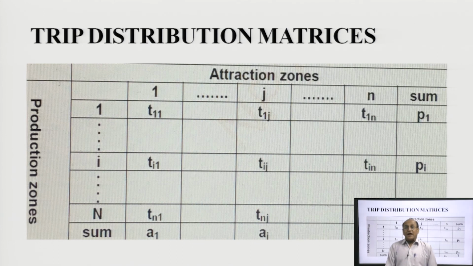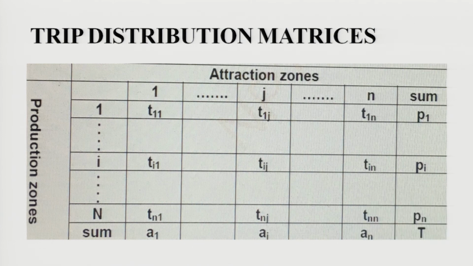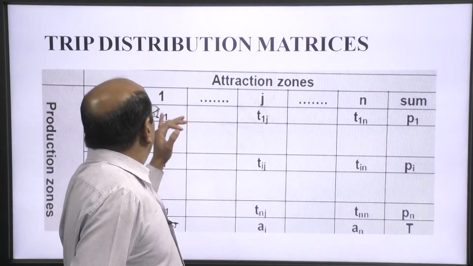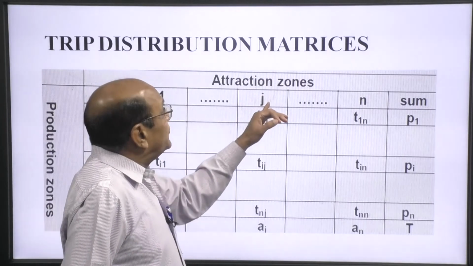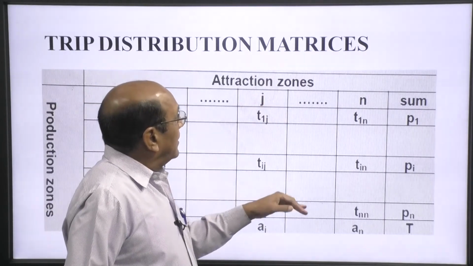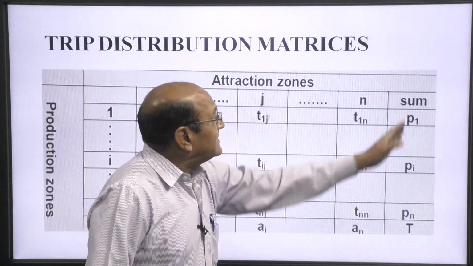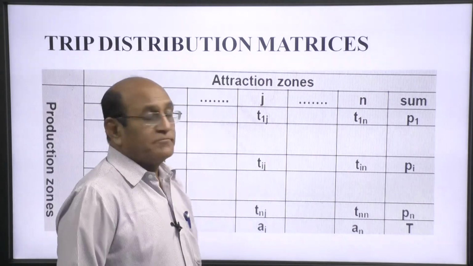So, this is a table of trip distribution matrices. We can see here, this is the attraction zone as we have discussed earlier. This is zone 1, 2, 3 to zone J, and this is zone N, and this is the sum of all zones.